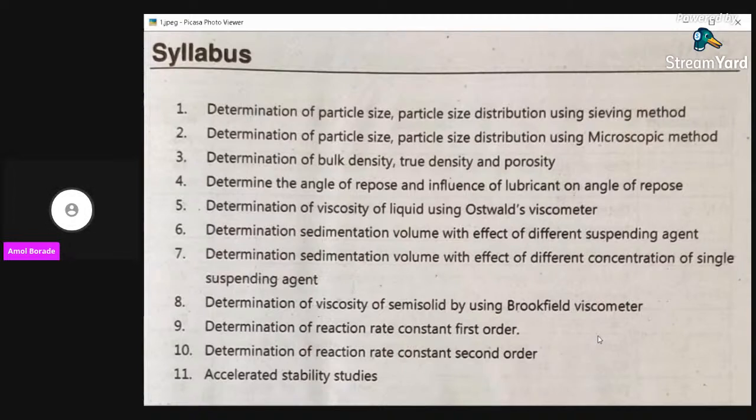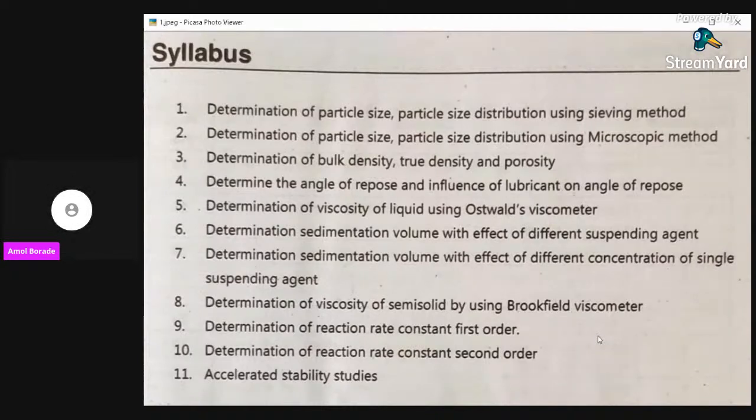This mechanism gives the assurance that if the flow is proper, then every time the die will get filled with a specified amount of powder or granules.